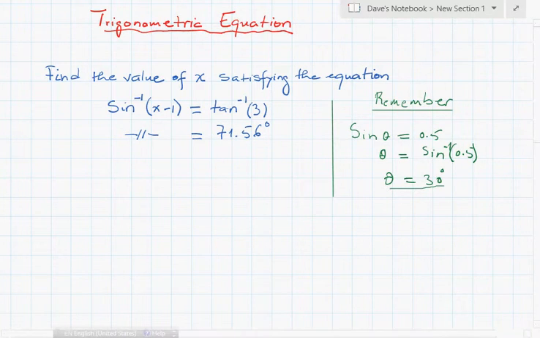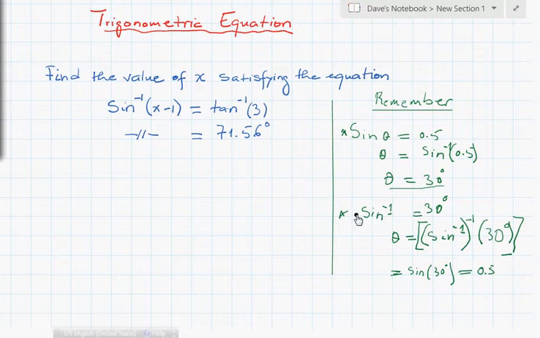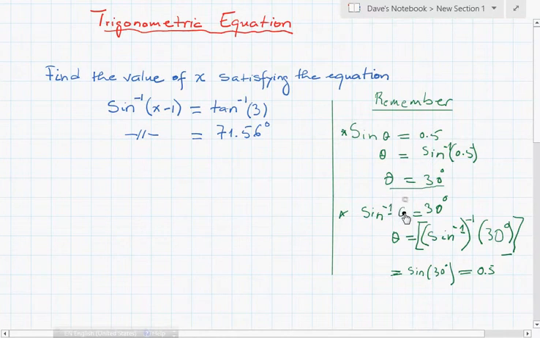We're going to use the same thing here, with a little difference: we already have a minus 1 here. It means that if we apply another inverse on it, it's going to turn around. Take this example: if we have sine minus 1 of theta equal to 30 degrees, then theta will be sine of 30 degrees, because now that we have the minus 1, we inverse it, and by inversing the inverse, it becomes positive.